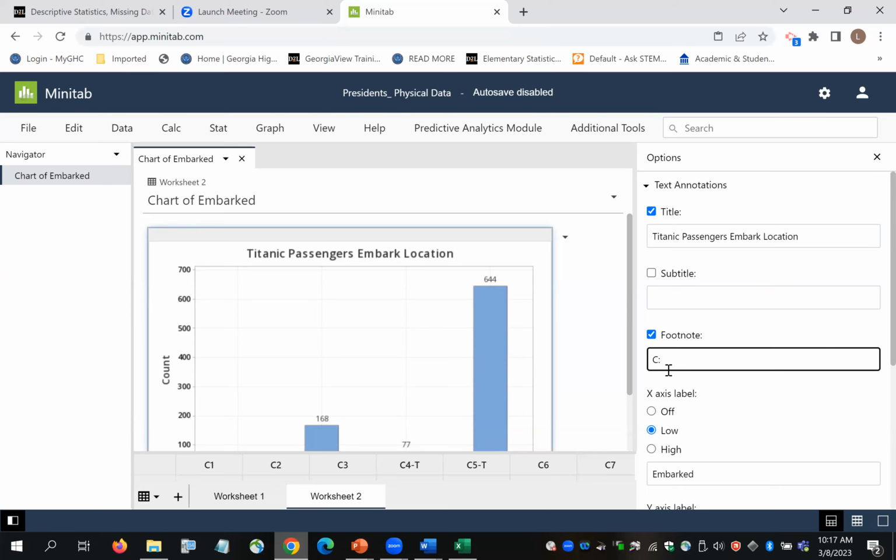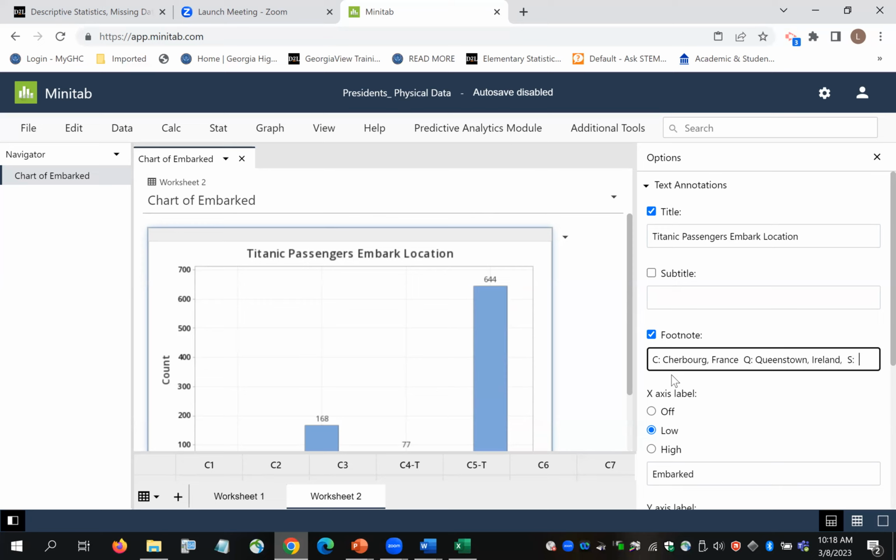Whoops, I spelled it wrong. So there were people that got on the boat there. We have Q, which was Queenstown, Ireland.